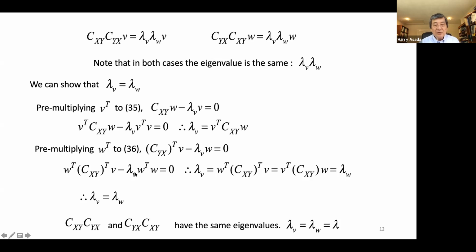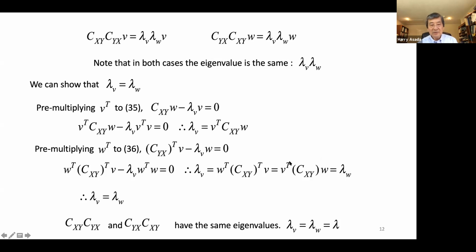What you get here is lambda_V equals W transpose C_XY transpose V, and as a whole this is a scalar quantity. So if you take the transpose of all of this, it doesn't make any difference. Doing so, you get V transpose, then C_XY, and then W comes in.